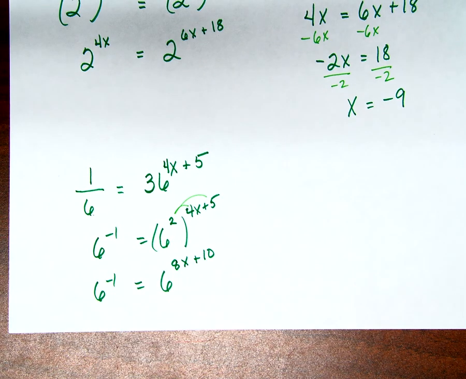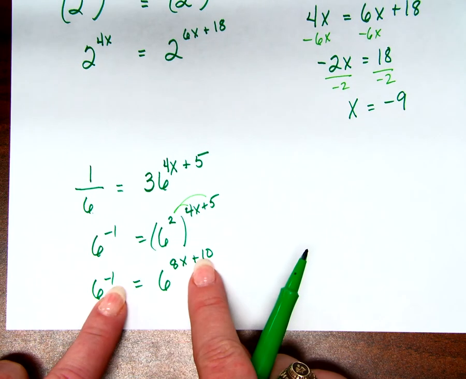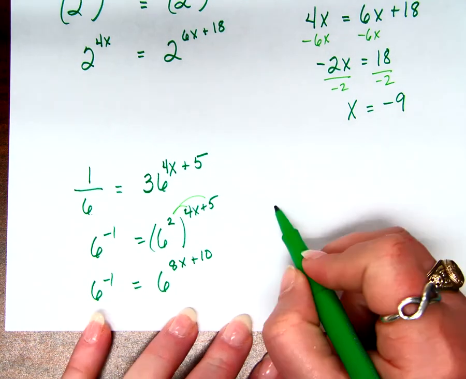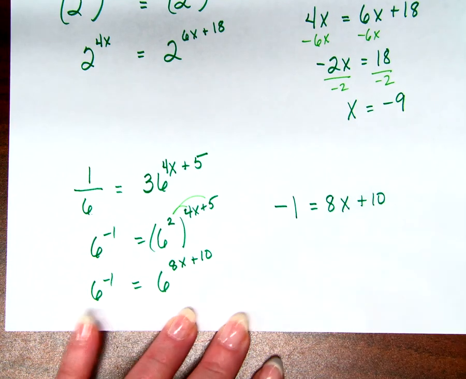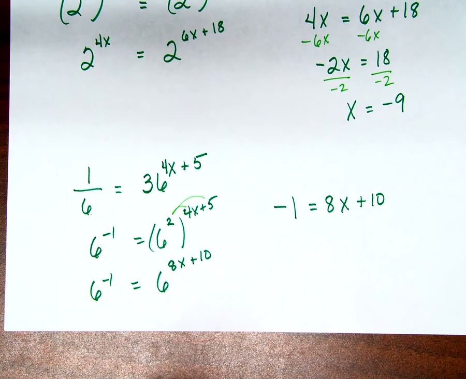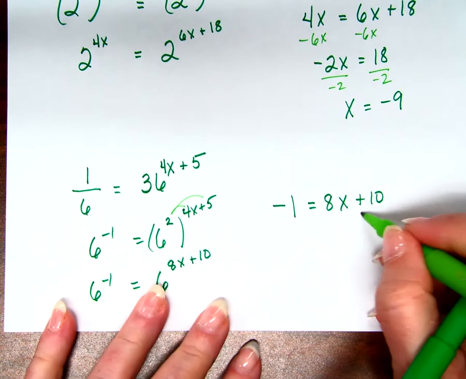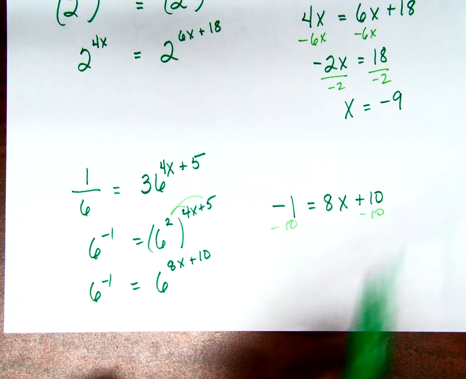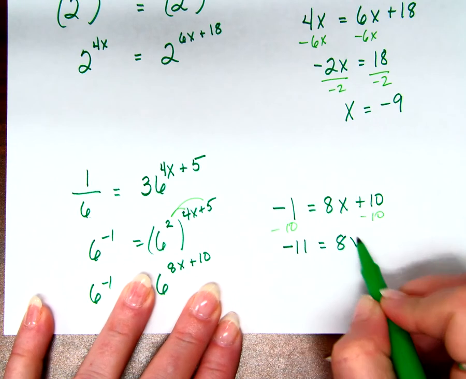Good? If the bases are the same, the exponents should be the same. Negative 1 equals 8x plus 10. How do I solve this? If I subtract 10 from both sides, like you suggested, I get negative 11 equals 8x.